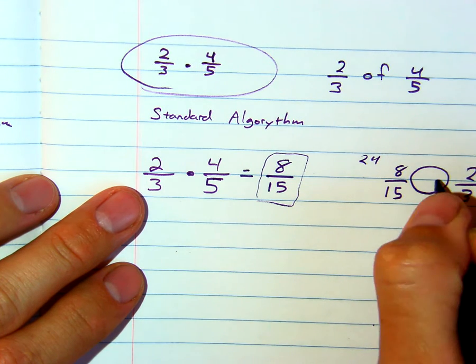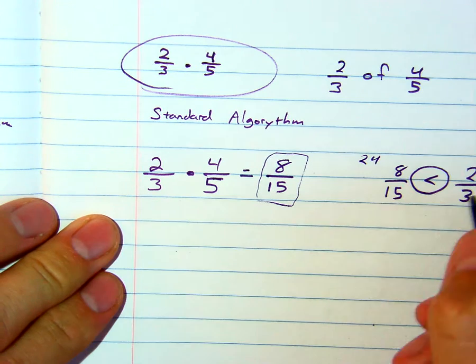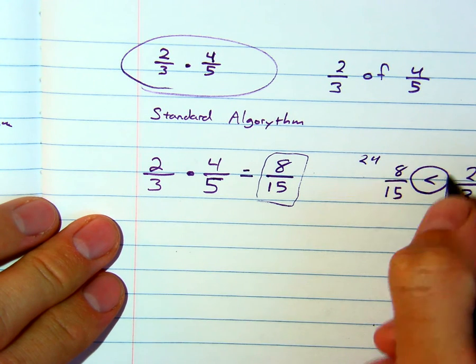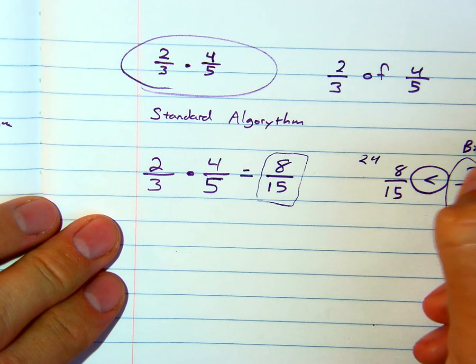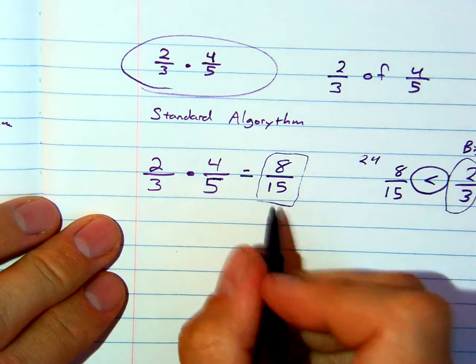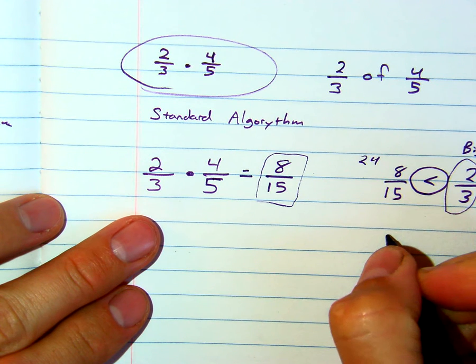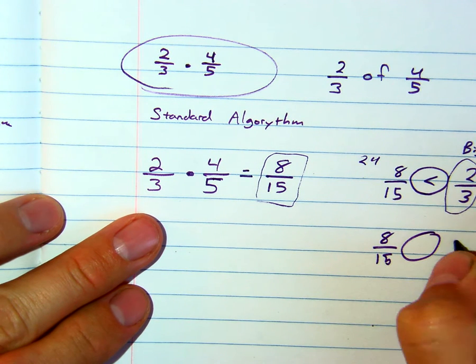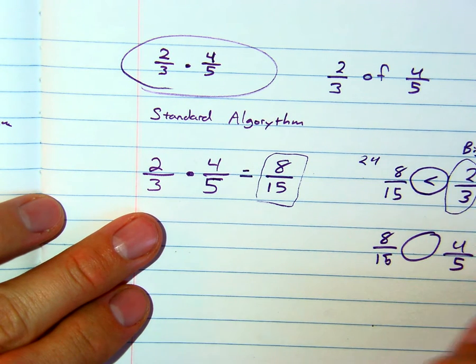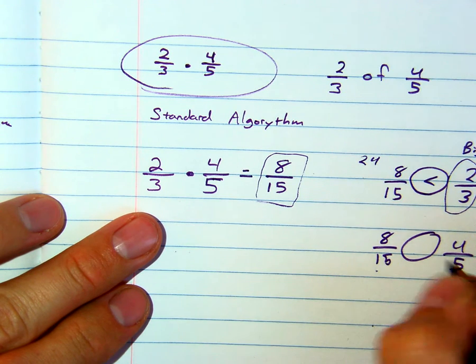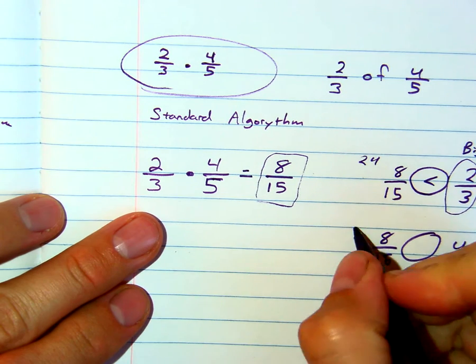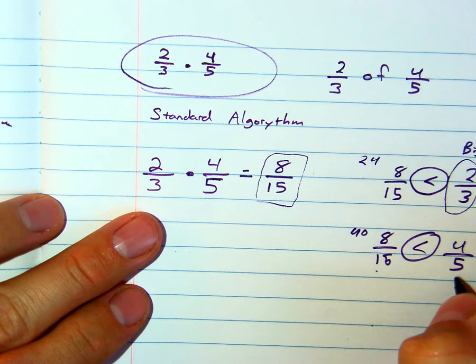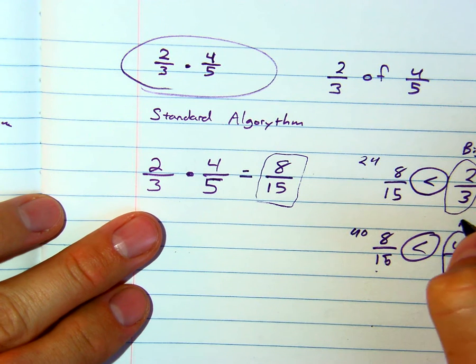So our factor is actually bigger. Let's compare it to the other factor. 15 times 4, we end up with 60. 5 times 8, we end up with 40. So the other factor is also bigger.